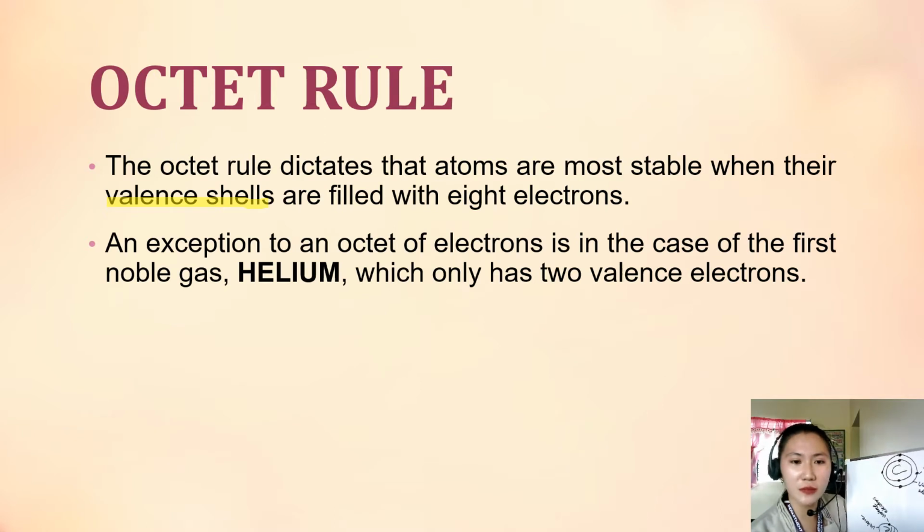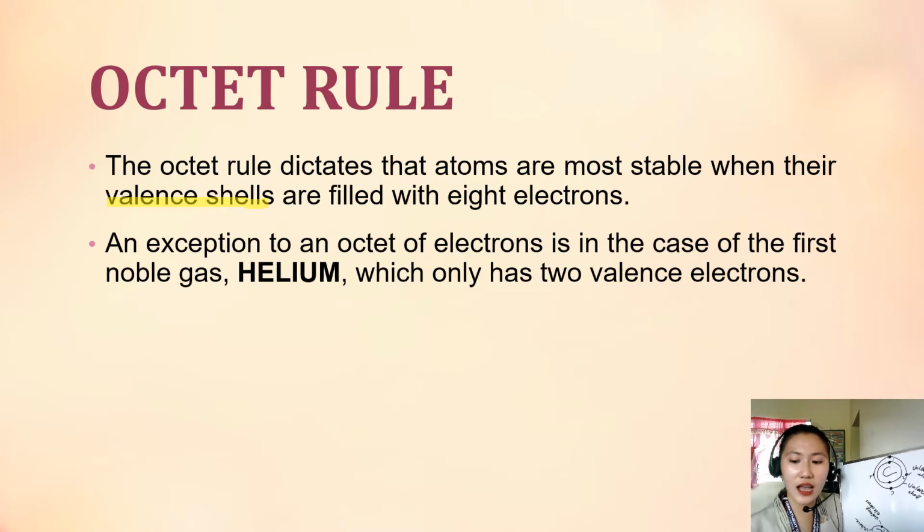So, na-fulfill ba ni carbon yung octet rule? Let's see. 1, 2, 3, 4. So, meron lamang siyang 4 electrons sa kanyang valence shell. So, ibig sabihin, hindi na satisfy ni carbon yung octet rule. Okay?